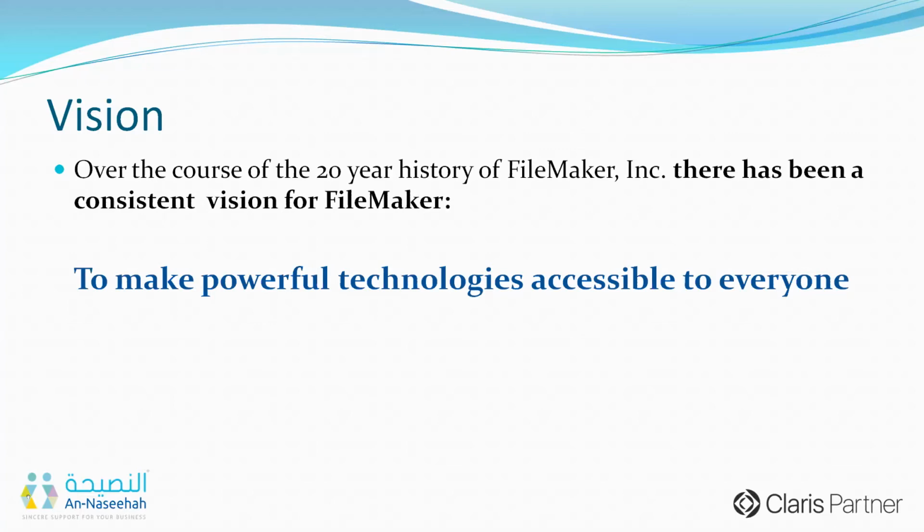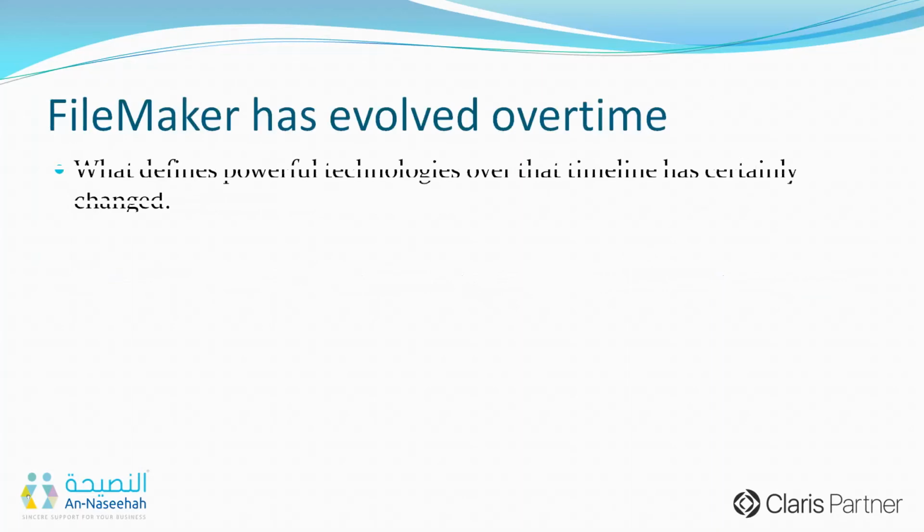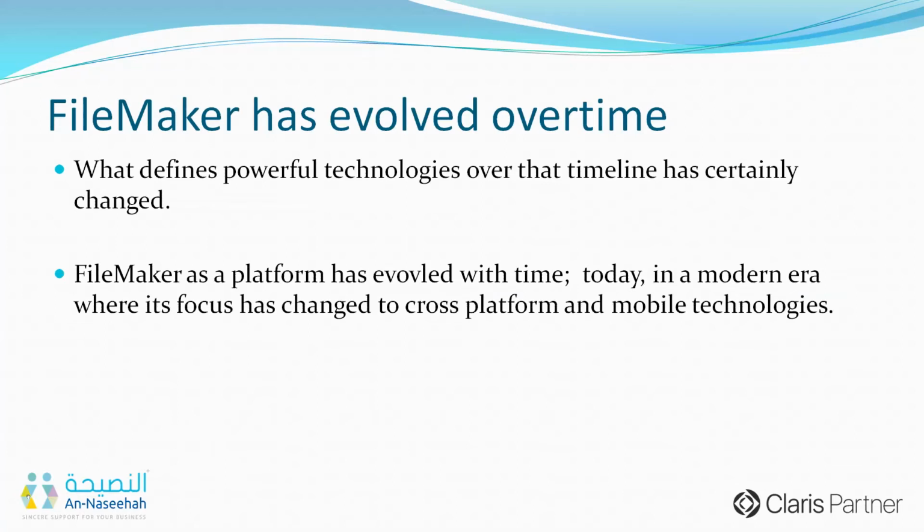So let's have a glimpse over the evolution of FileMaker. Next slide, please. So FileMaker has evolved over time. What makes the development platform, tools, and technology powerful has certainly changed over time. As a development platform, FileMaker evolved with the time as it is a product of Apple. The major concern initially was about making this development tool and platform a cross-platform tool, for Windows and other operating systems and for mobile devices as well.